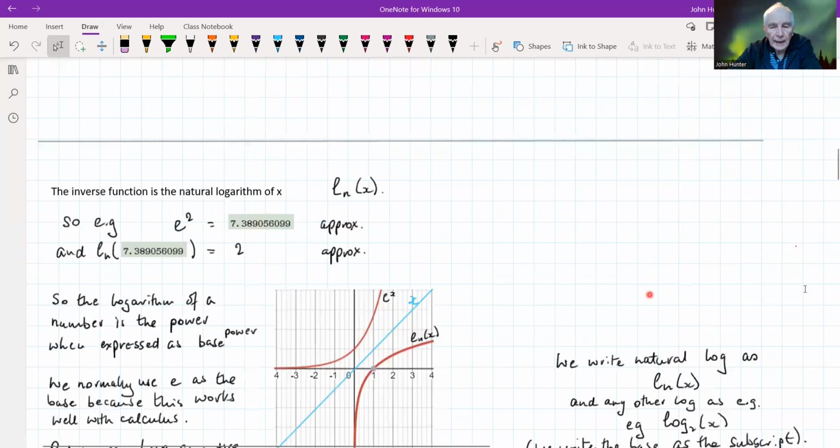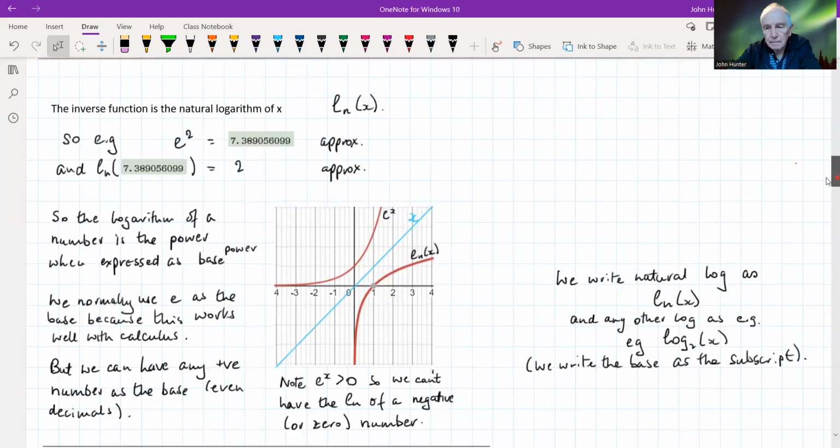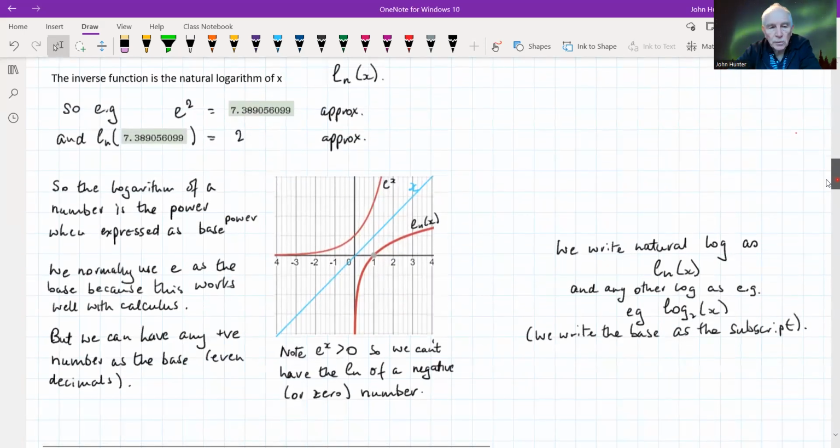Okay. And so the inverse function, which I prefer to call a reverse function, I think it's slightly more meaningful, is the natural log. We talked before on a previous page about log base 10.